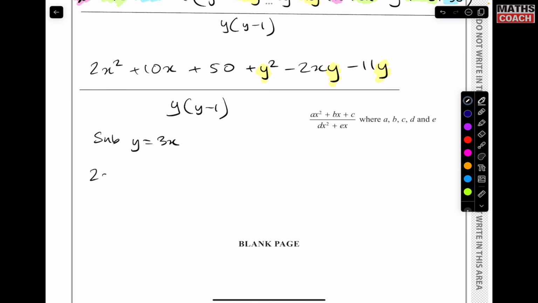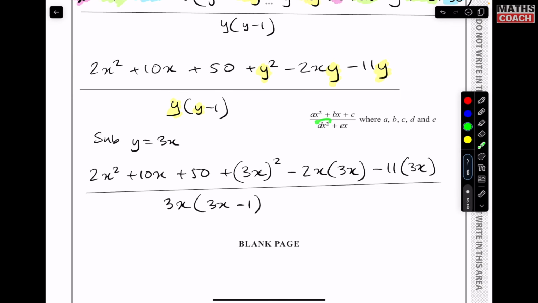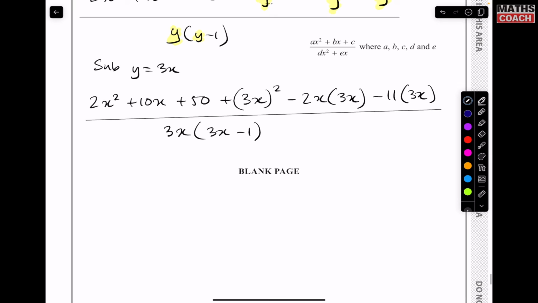So therefore 2x squared plus 10x plus 50 plus 3x squared minus 2x and then 3x minus 11 and then 3x all over 3x minus 1. Okay, that's better. Now we've got everything in terms of x's, no more y's. So let's continue that mode.